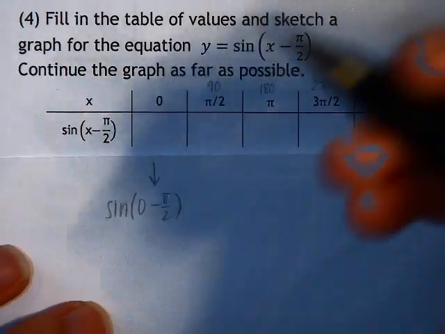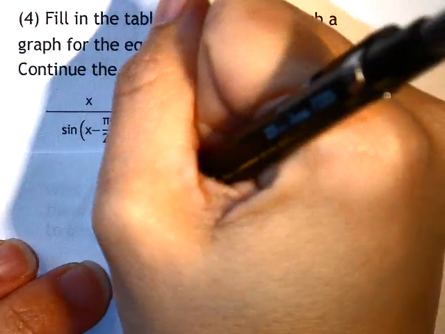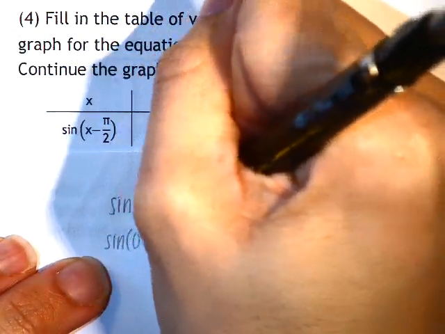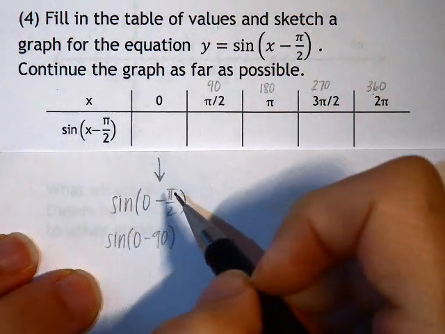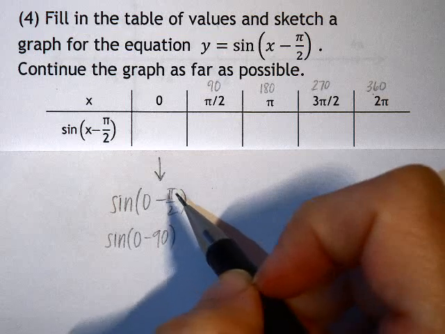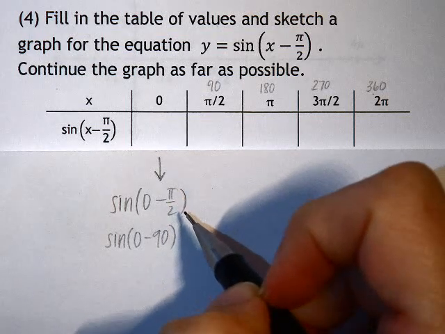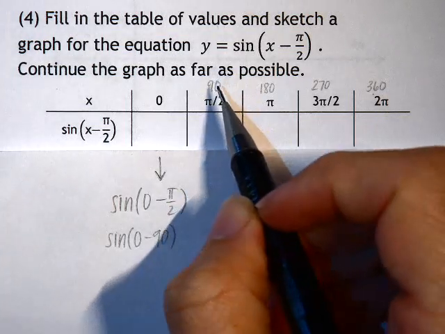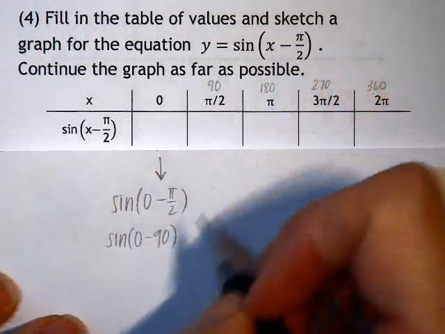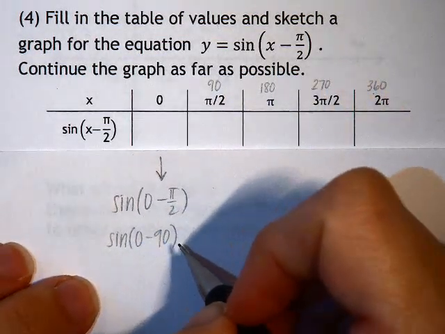Think of this, for example, as sine of 0 minus 90 instead. If you're fine with the fractions, that's okay. But I know that negative fractions with pi can be kind of confusing. So if you feel more comfortable, call pi over 2 by its degree name, 90, and do the problem like this. I'll keep going with this just to try to make it easier.